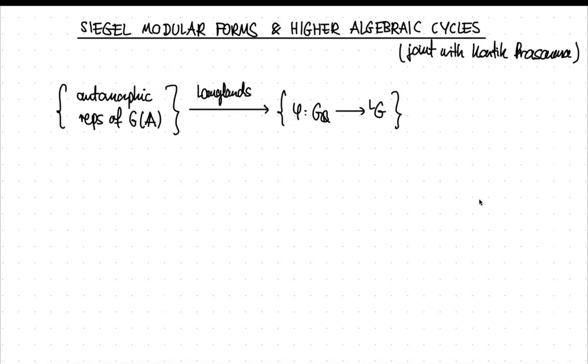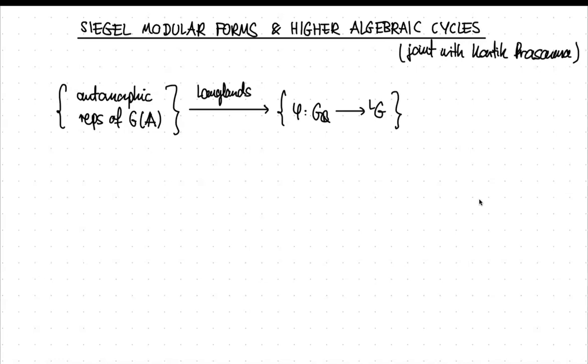And for some motivation, I just want to start with these broad conjectures that motivate everything. So first of all, there's the Langlands program, which predicts that automorphic representations, or maybe packets of automorphic representations, should correspond to Galois representations or Langlands parameters or A parameters, depending on your preferences.